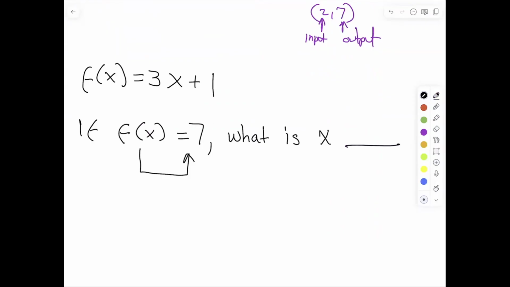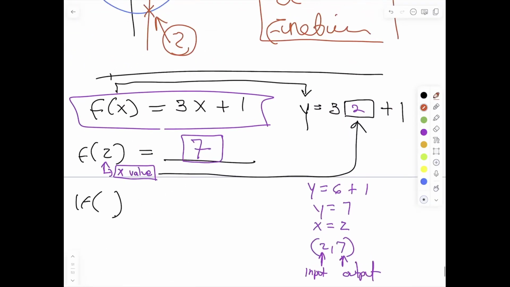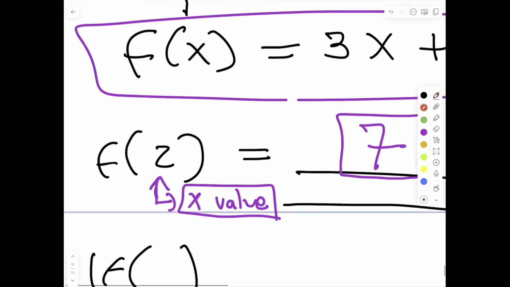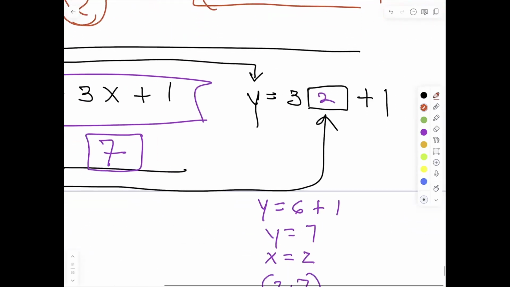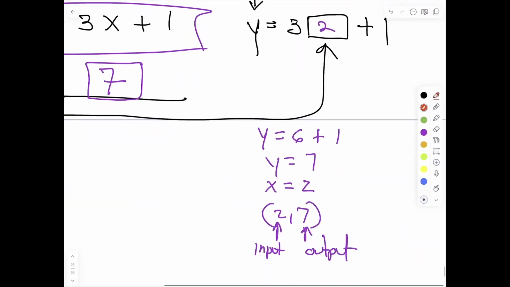This is saying y is equal to 7, because is there an x value in here? No, there's no x value. In the previous problem, they gave you an x value, right? They're saying 2. And that's why you took that 2 and plugged it in there. And 3 times 2 is 6. 6 plus 1 is 7.